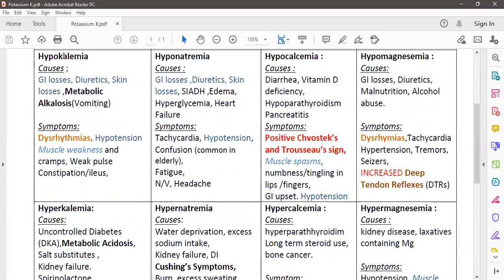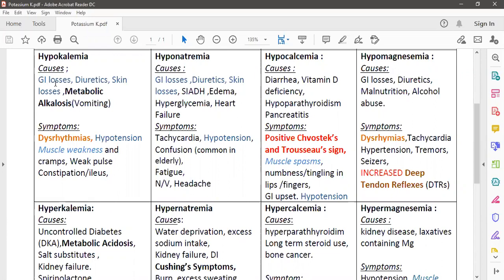And when potassium is more than 5, we say hyperkalemia. What are the causes of hypokalemia? Loss of potassium.